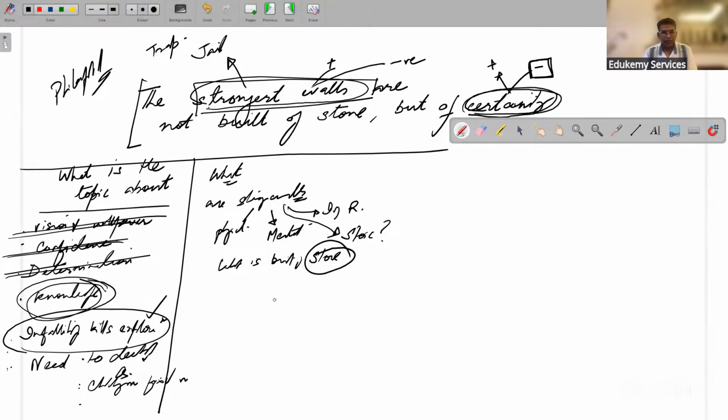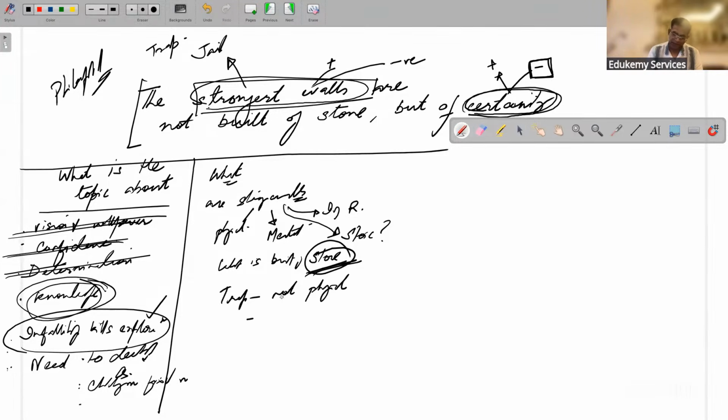Okay, yahan par stone is a physical thing. The physical thing tells us that walls become strong not because of material. The strength we're looking for is something else. So the traps are not physical.